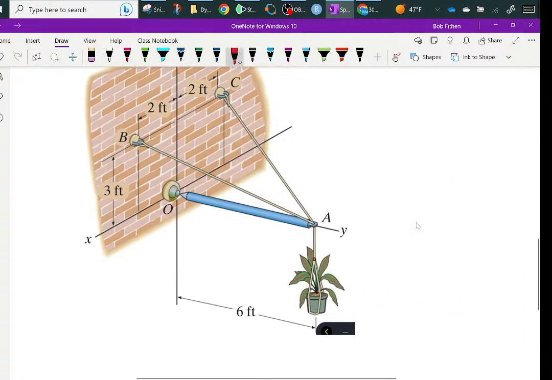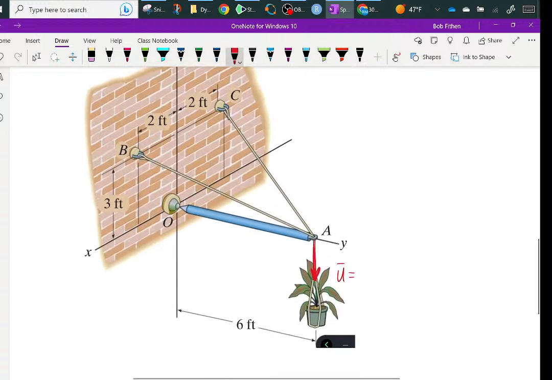So in my case, what I would do is I would create the unit normal or unit vector in that direction. In this case, it's minus k.